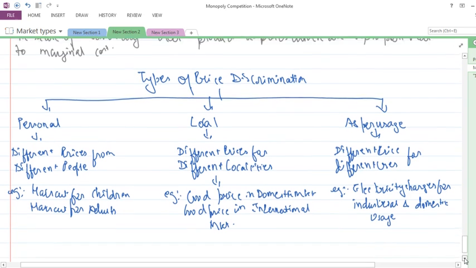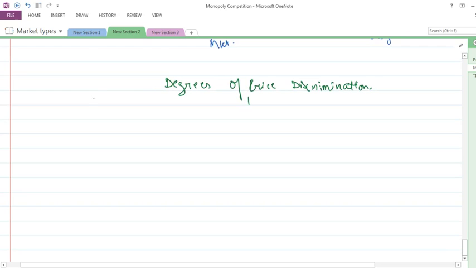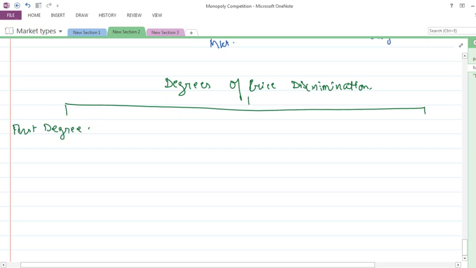Now we would be seeing the degrees of price discrimination. There are 3 degrees of price discrimination. So let's put a heading: degrees of price discrimination. The first degree is known as first degree of price discrimination.